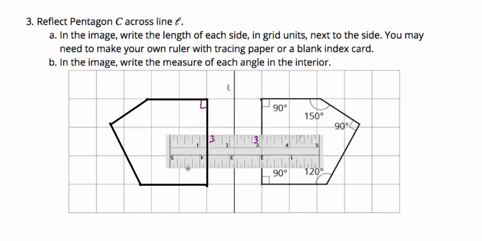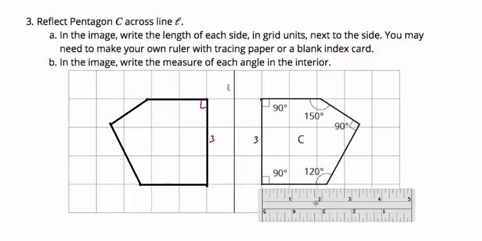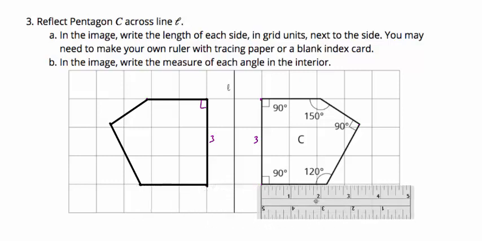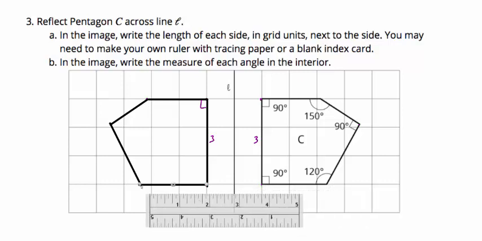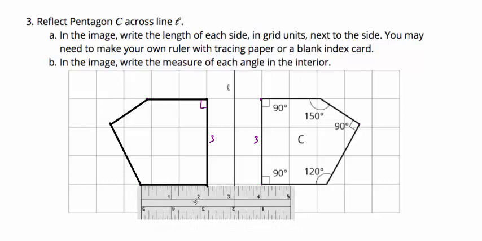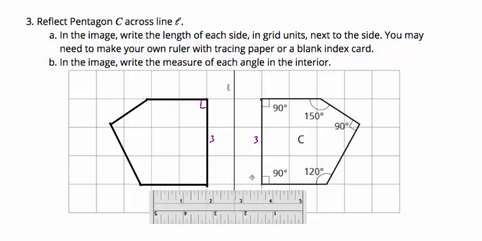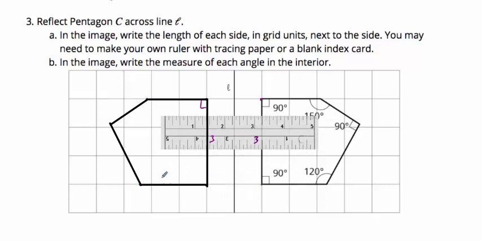So this is 2 and, that's about 2 and 4/8. Is that the same length? No, it should be a little bit smaller. There we go. That's closer. Okay, so we're going to say 2 and 3/8.